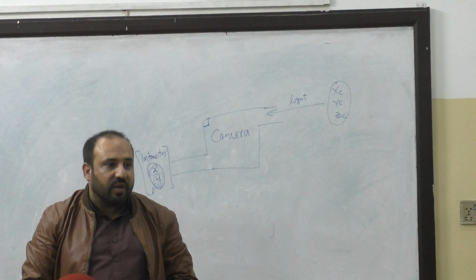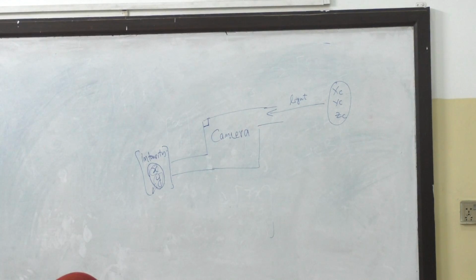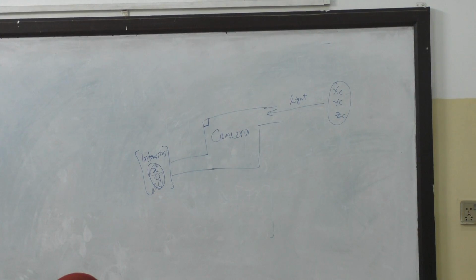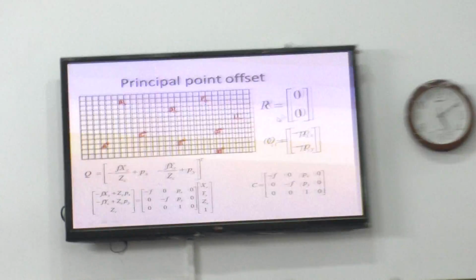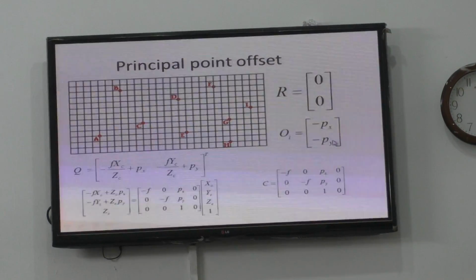Now the question is, how can I do this? For example, जो fixed origin है वो तो fixed है, R is 0, 0. Let's say I want to choose this point, जिसके fixed origin के लिहाज से इसके coordinates हैं -px and -py.